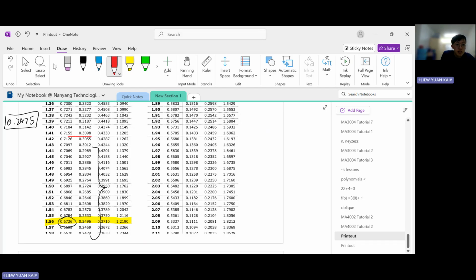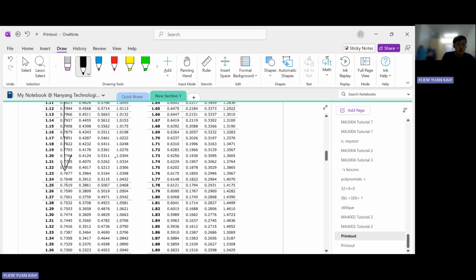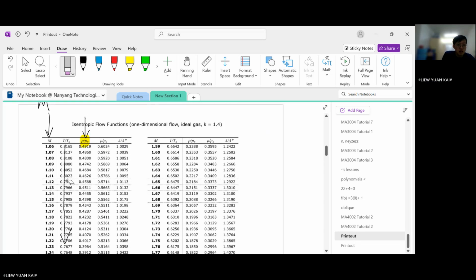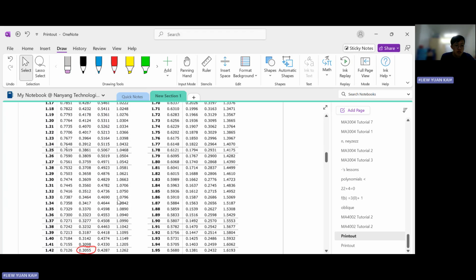This one. Remember, I'm asking you to find inside the pressure ratio column. Now we are focused on the pressure ratio column, and I want to look for when the entry is close to 0.3047.